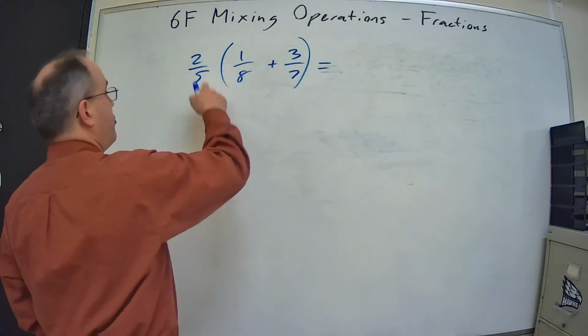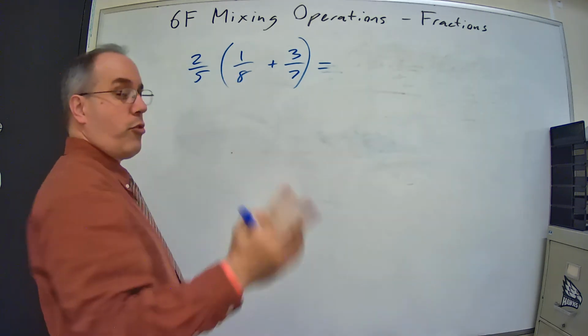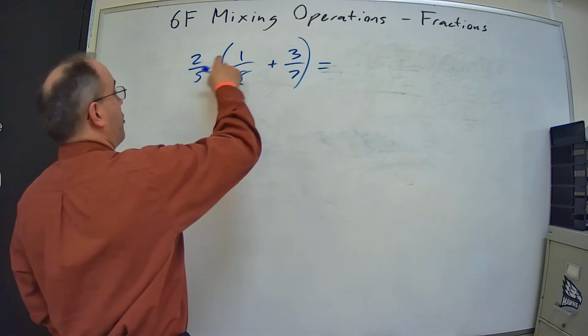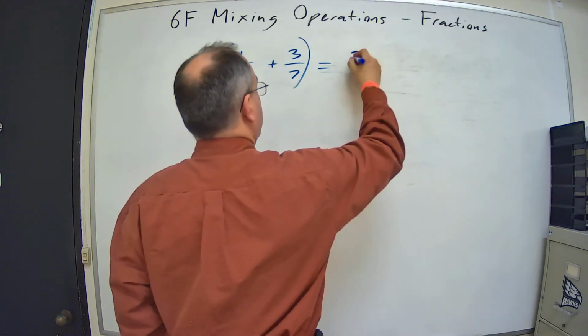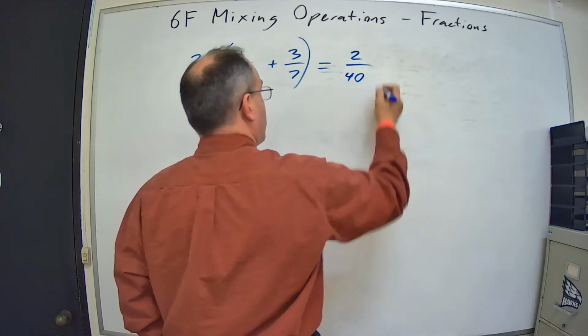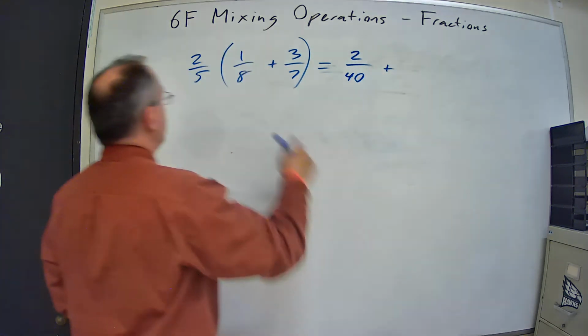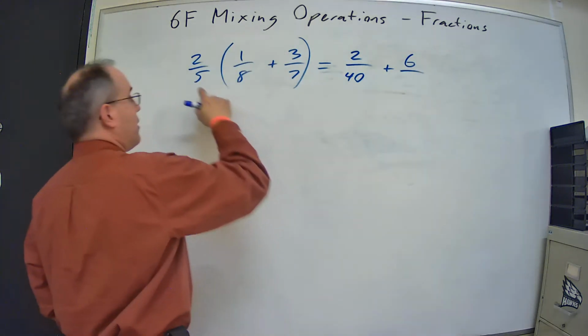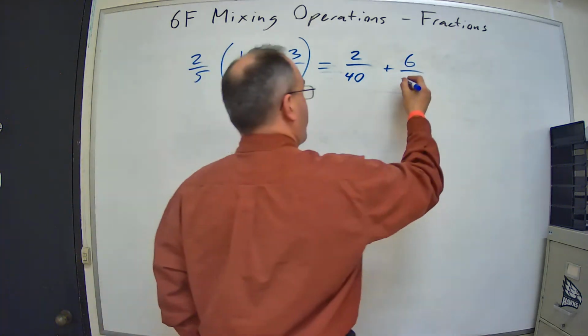So I can say 2/5 times 1/8. Remember, with multiplication, you don't need a common denominator. So 2 times 1 is 2. 5 times 8 is 40. Plus 2 times 3 is 6. And 5 times 7 is 35.